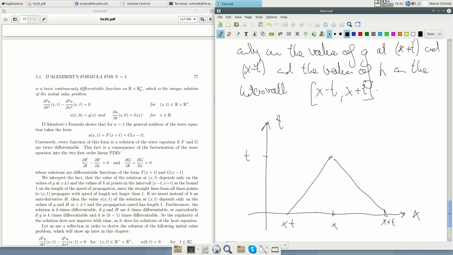Now, if we look at the straight lines going from any such point here, for all these straight lines, the difference of the time is smaller than the difference of space.